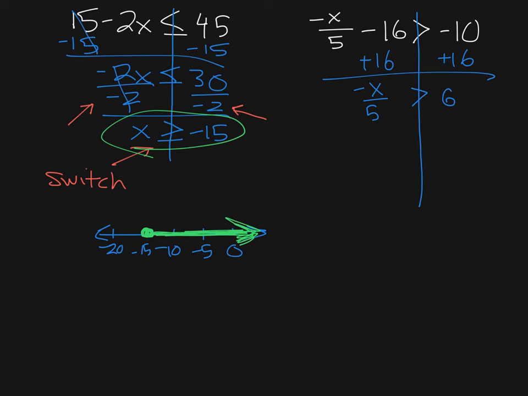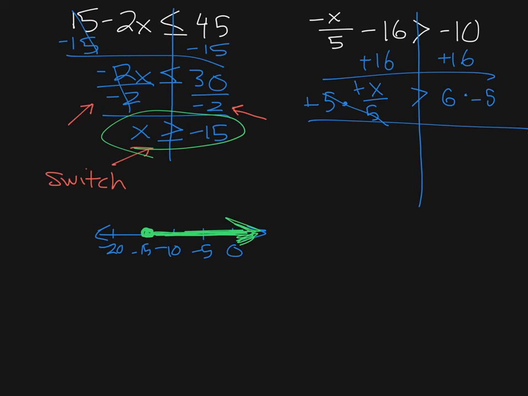Now I have negative x over 5. I need to multiply both sides by 5 to get rid of that 5 in the denominator. But I also want to make sure I end up with a positive x. If I multiply by a positive 5, I'm still going to have a negative over here. So I'm actually going to multiply by negative 5 on both sides. Right? My 5s will cancel out, and a negative times a negative will give me a positive.